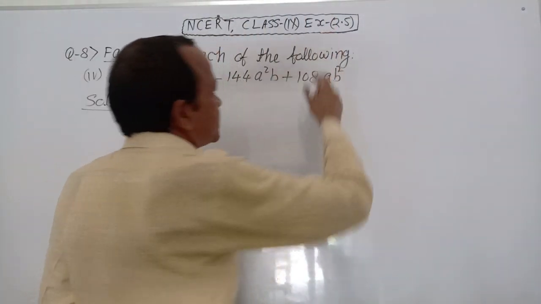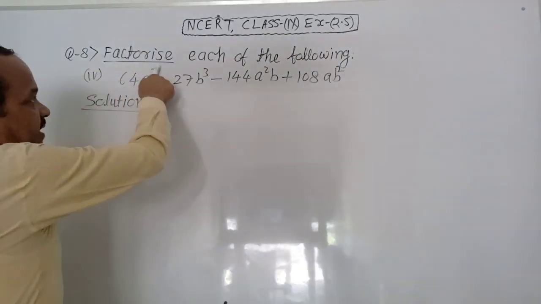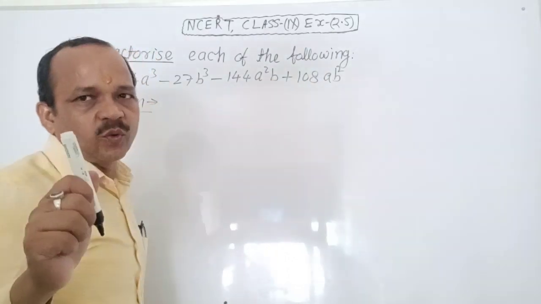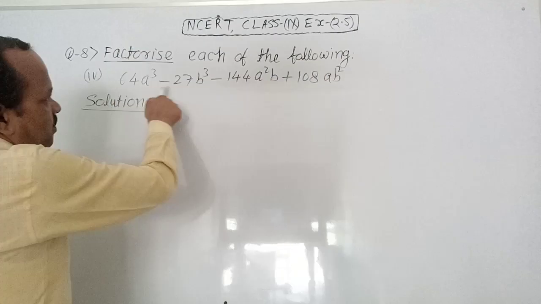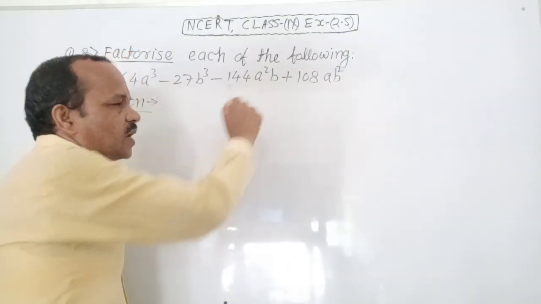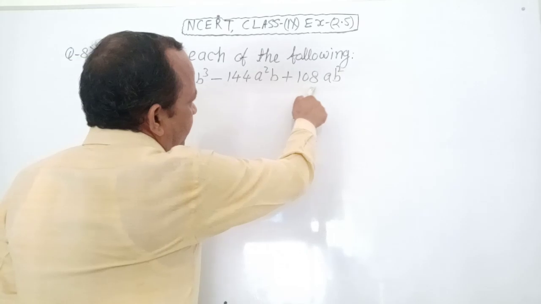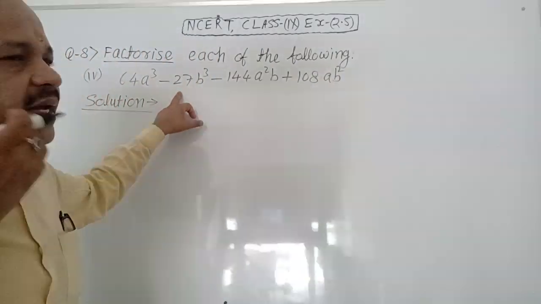NCERT class 9, exercise 2.5, question number 8. Factorize each of the following. Fourth: 64a cube minus 27b cube minus 144a square b plus 108ab square. It is the given question.